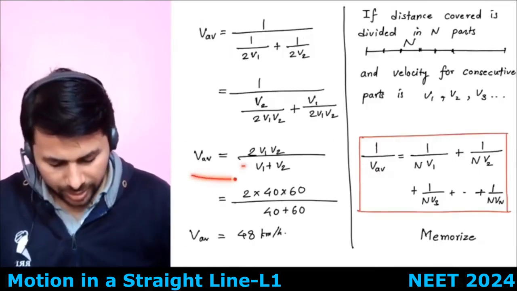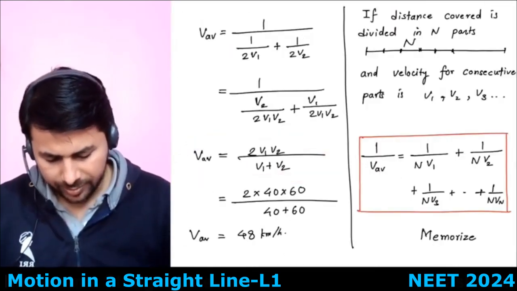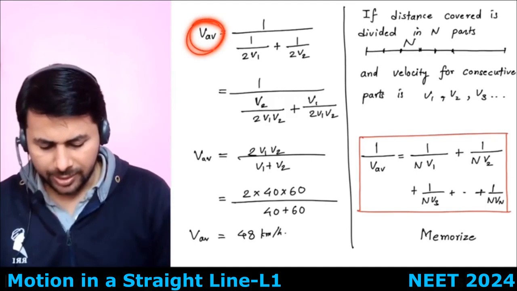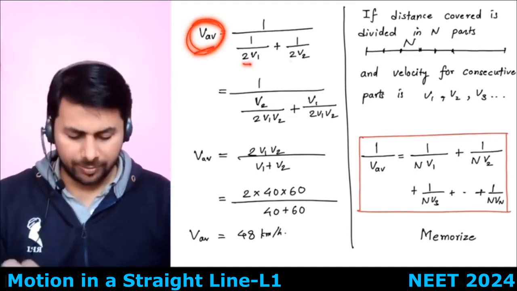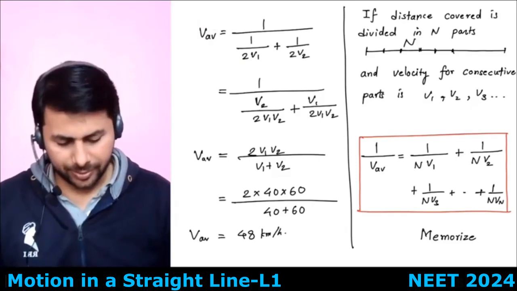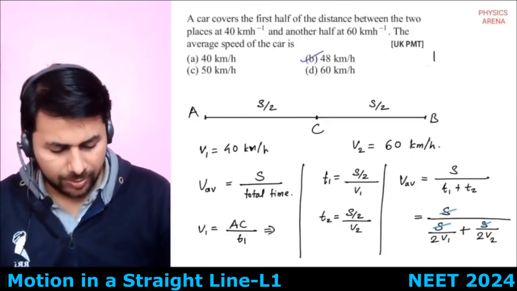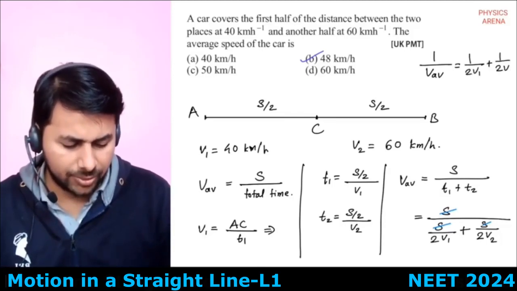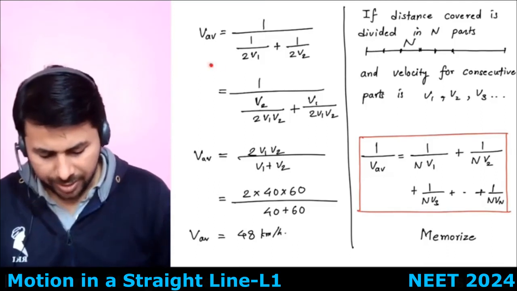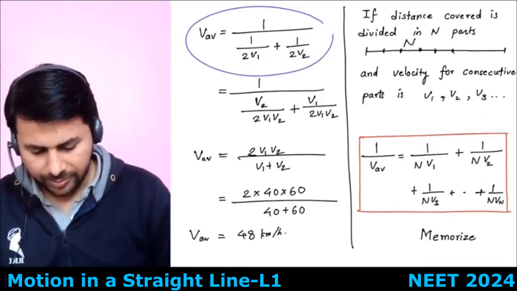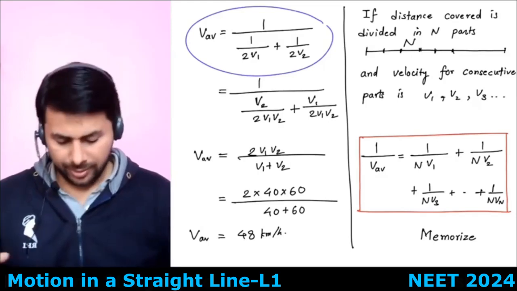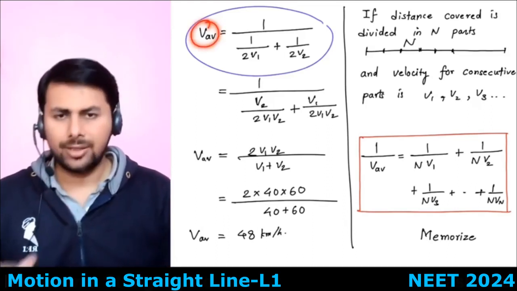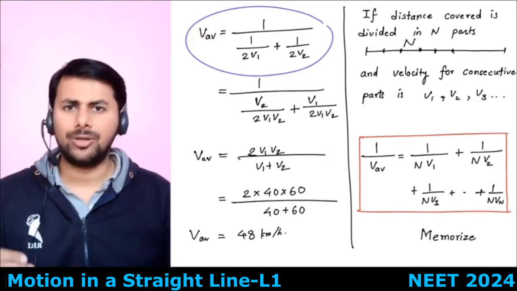Actually, before this we arrived at this formula. If you take the reciprocal of it, you will get 1 upon 2v1 plus 1 upon 2v2. So if I take the reciprocal of this formula, since this is 1 upon something, that something will go to the numerator, and the reciprocal of v average will be 1 upon v average.